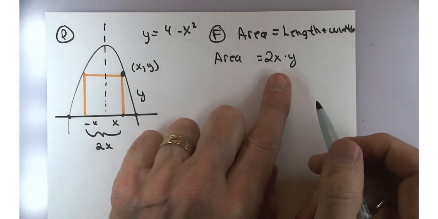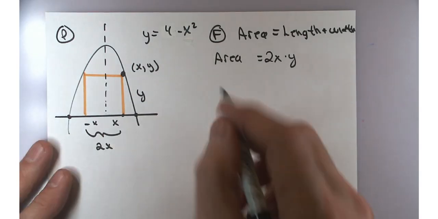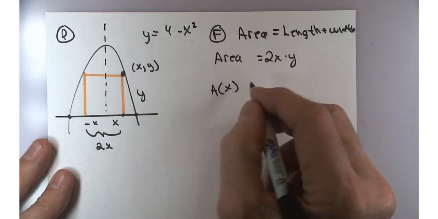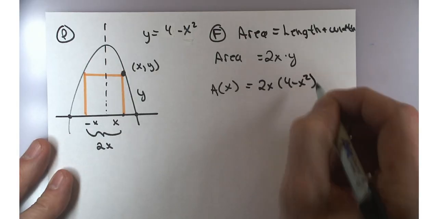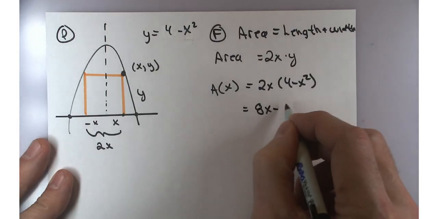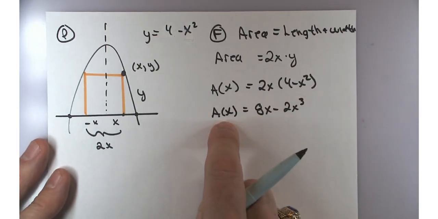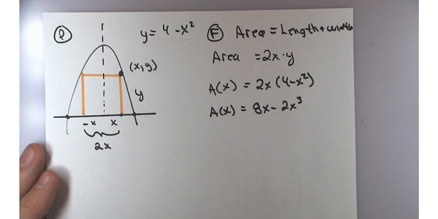So how can I write this depending on one variable? Yeah, let's put in what y is. y is 4 minus x squared. So this is 2x times 4 minus x squared. If you'd like, you can distribute that: 8x minus 2x cubed. But the important thing is that now I can write that as A of x. It just depends on one variable. Wonderful.